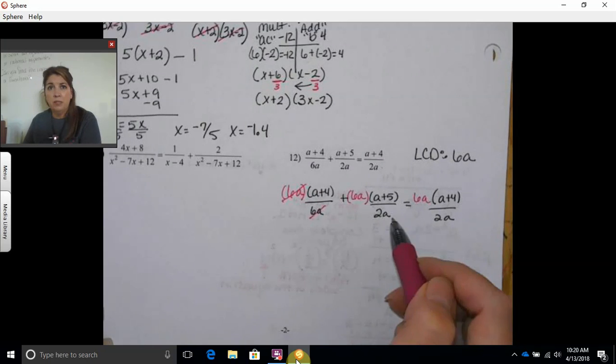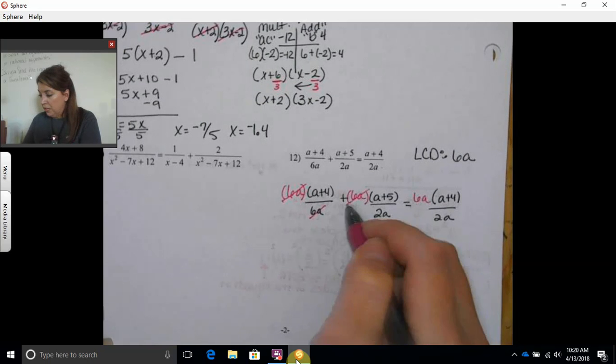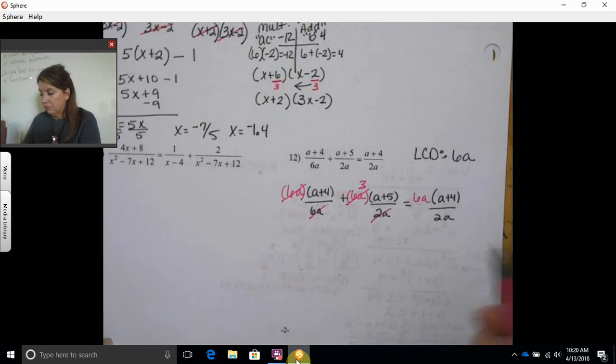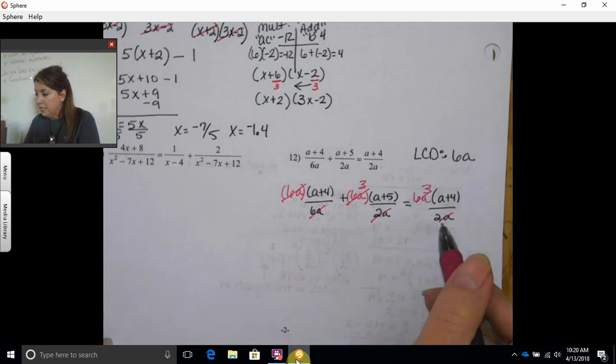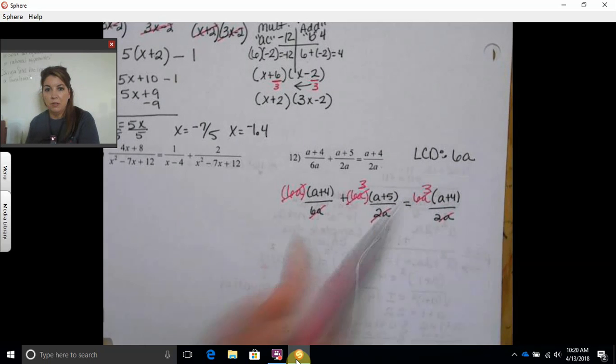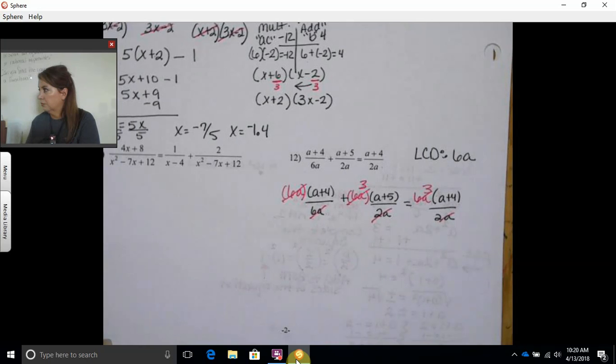Isn't a divided by a 1? So it's just 3. Over here, 6a divided by 2a is 3. So my denominator canceled. I have a 3 in the numerator on both of those. Right?